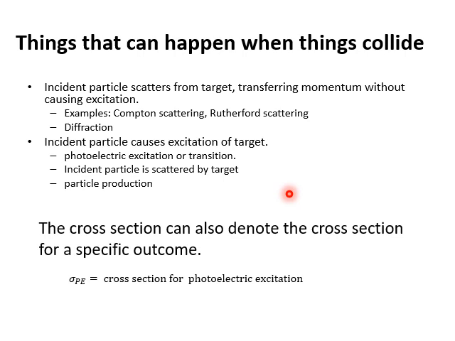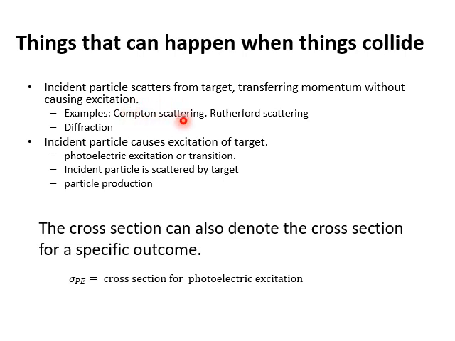So what are some of the things that can happen when two things are smashed into one another, when things collide? One possibility is that the incident particle just scatters from the target particle, transferring momentum, but doesn't cause any excitation. Examples of that kind of effect would be Compton scattering or Rutherford scattering.